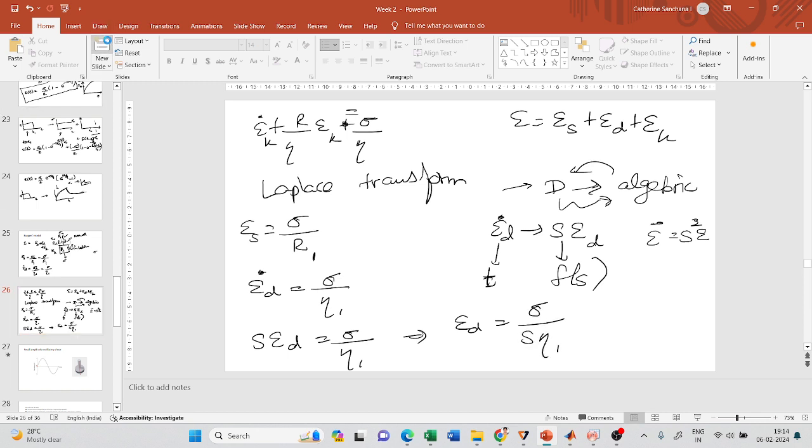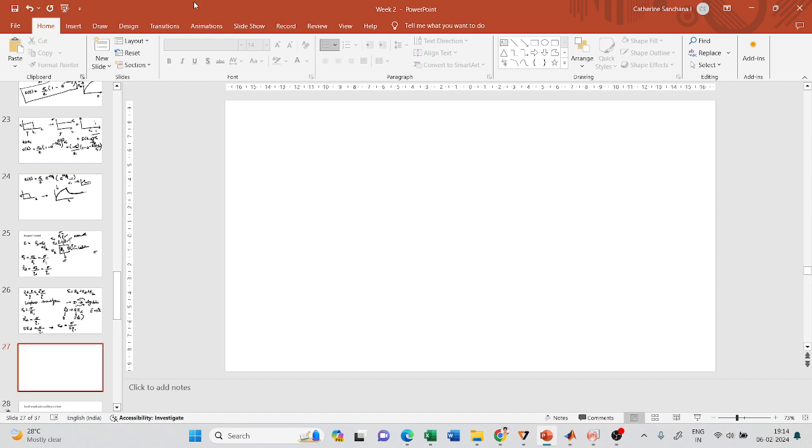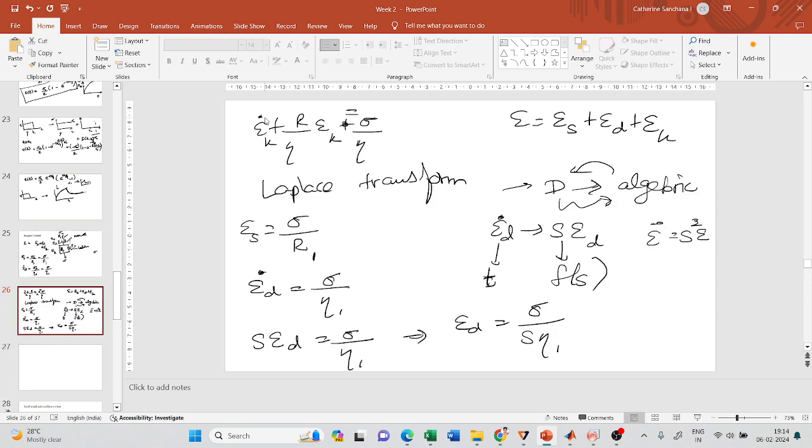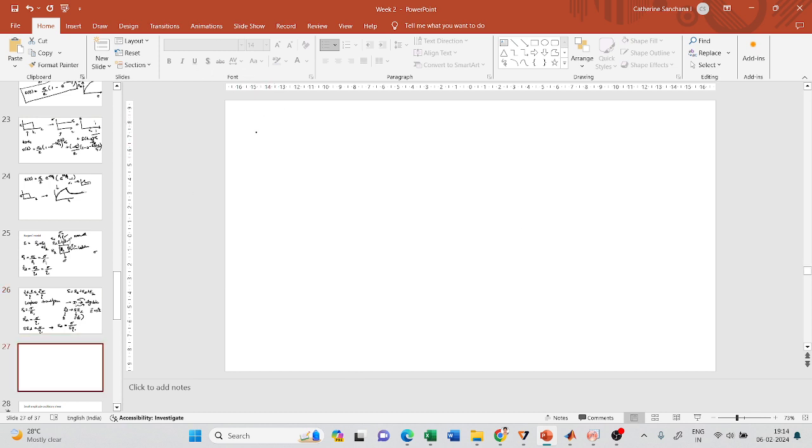Now I have epsilon k. So here this epsilon dot k, right? I can write it as s into epsilon k. S into epsilon k plus R by eta into epsilon k is equals to sigma naught by eta or sigma by eta. Alright. Now I will take epsilon k common.